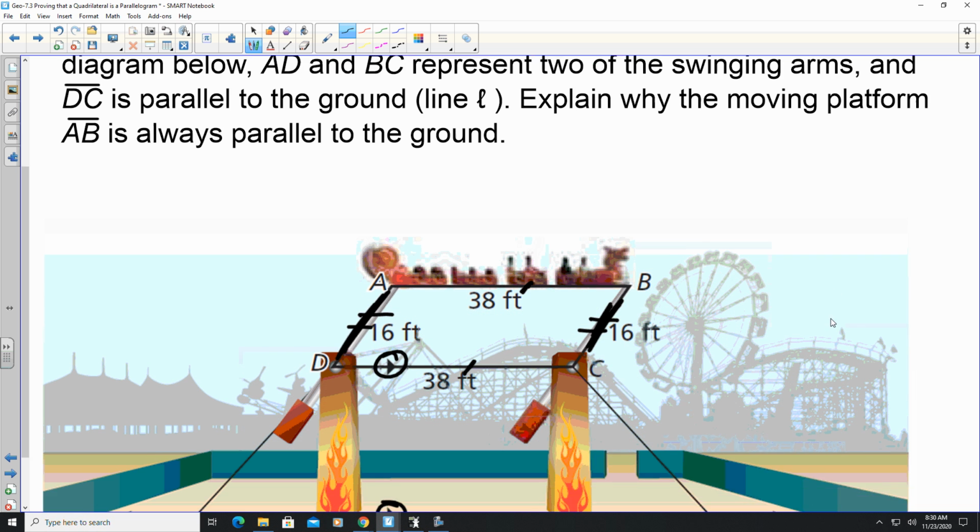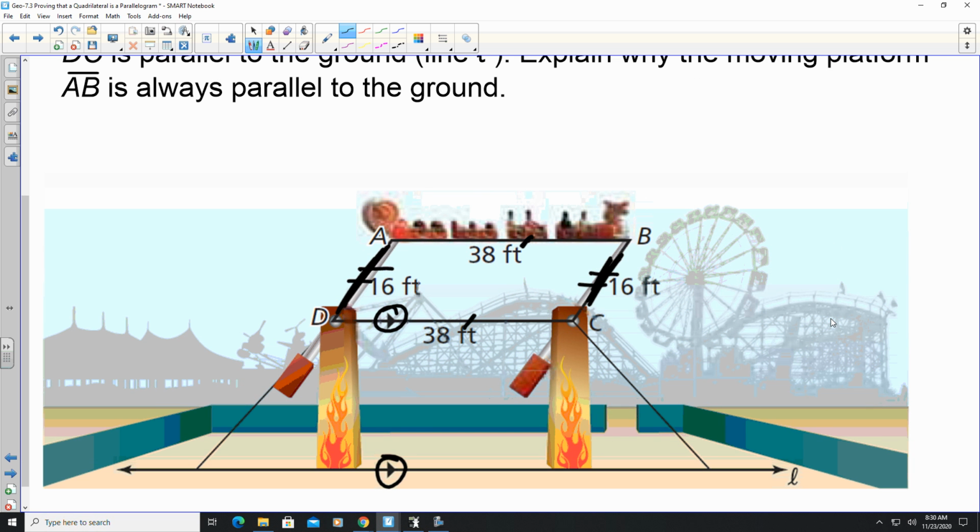And going back to my first statement on the first slide, because it's a parallelogram, that means I have 2 sets of parallel lines. And since DC is parallel to line L, I can say that AB is also going to be parallel to line L, due to the transitive property.